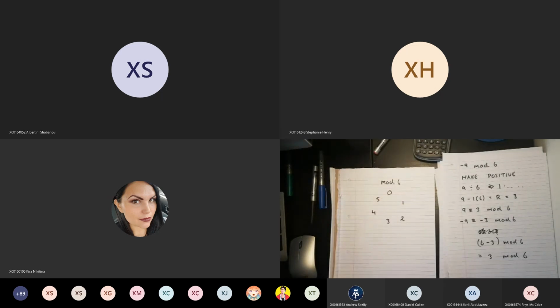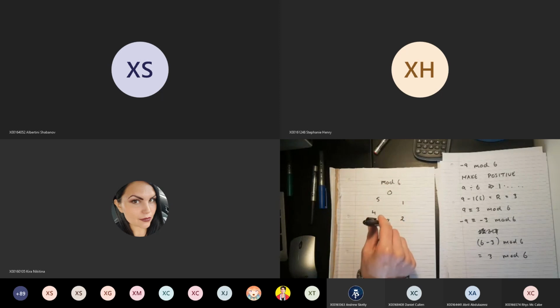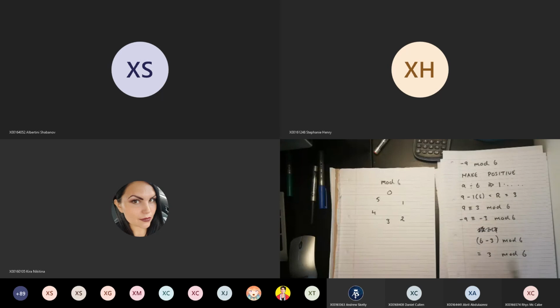Now say I want to find out what -3 is equivalent to. That's 1, 2, 3 steps to the left. That's the same as taking 3 steps to the right. So a negative number will always be equivalent to some positive number, and in fact it will always be, in this case, 6 minus 3, or the base minus whatever the positive remainder was. Does that make sense to people? Is there anyone who's confused about that?